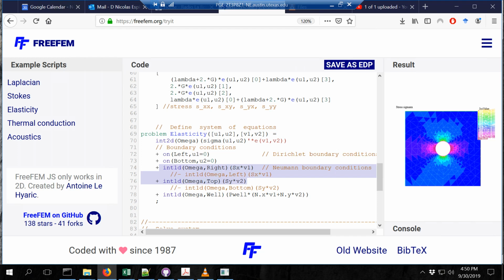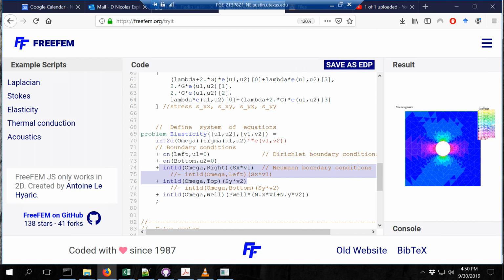So line 74 is saying to make an integral on the right boundary of value Sx, which is just a numerical value, times the displacement in direction 1.